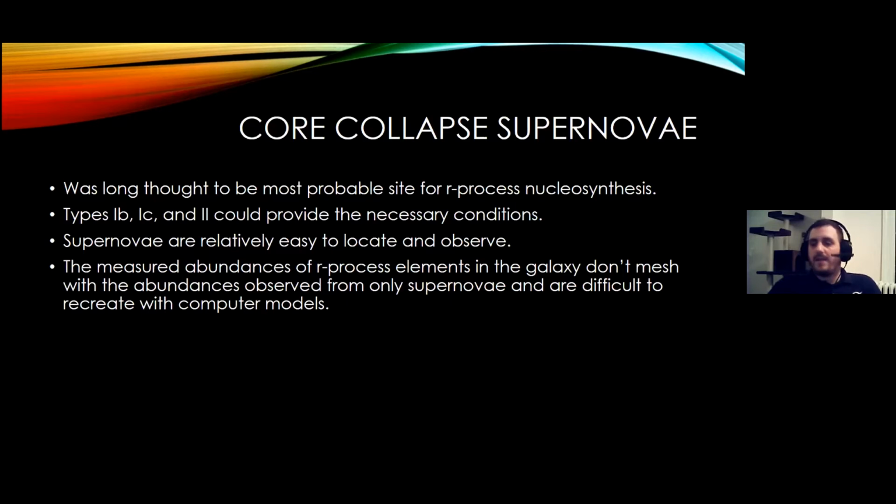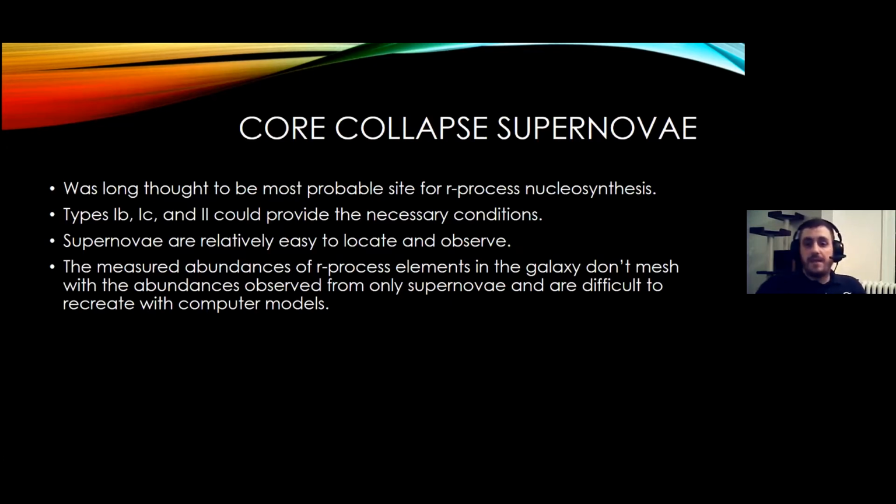They don't create enough of the stuff and send it out into space to make the numbers that we see within our own solar system even. And it's difficult to recreate those measured abundances with computer models of supernovae. So we knew that there had to be something else creating these heavy elements.